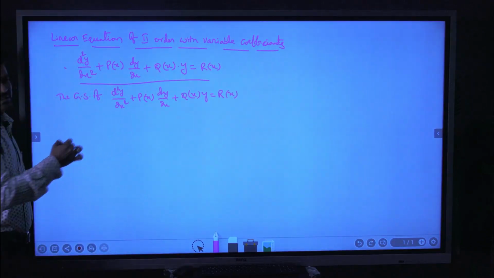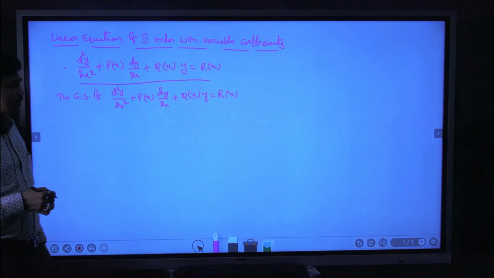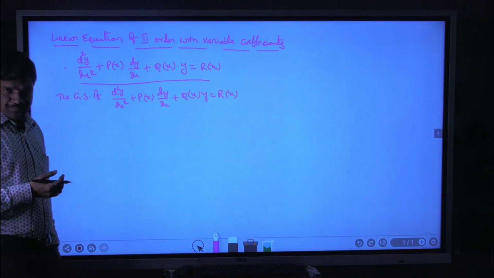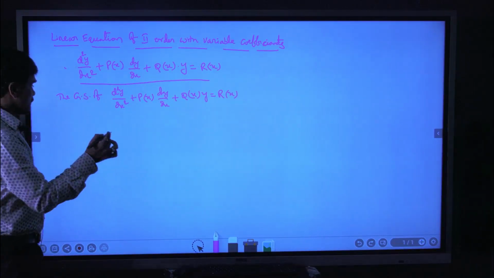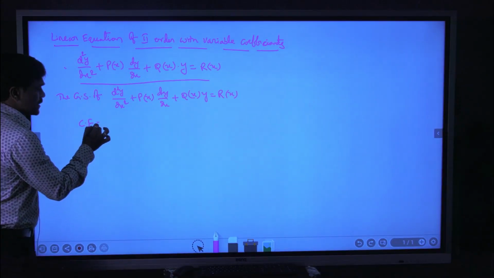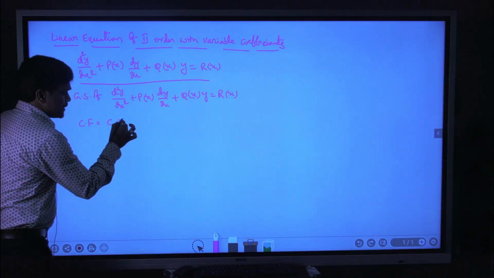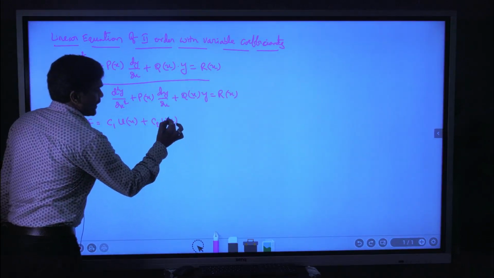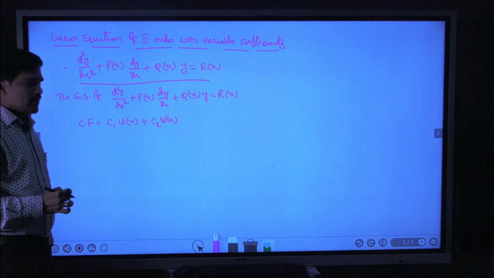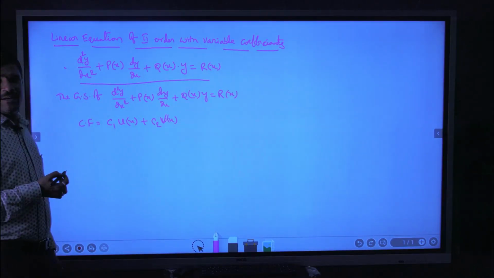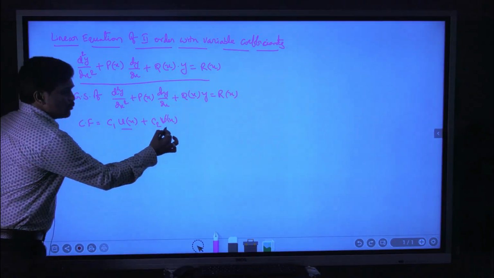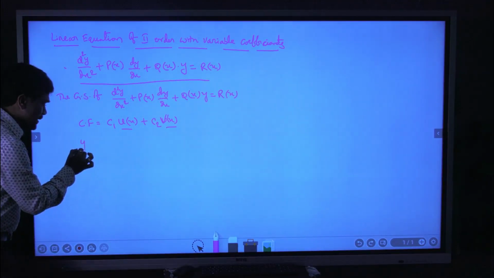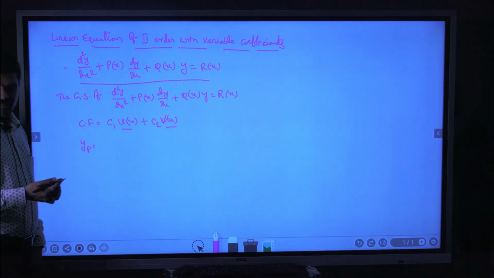To find the solution of this differential equation, first of all find the complementary function. The complementary function is of the form c1 u of x plus c2 v of x. After getting the complementary function, we get u and v. Now to find the particular integration, that is yp or PI.